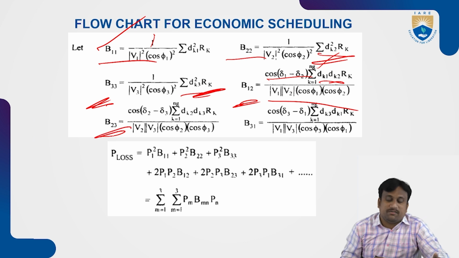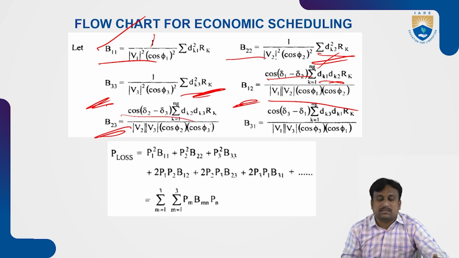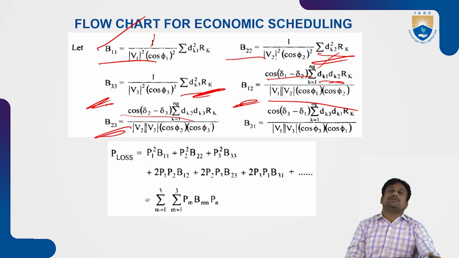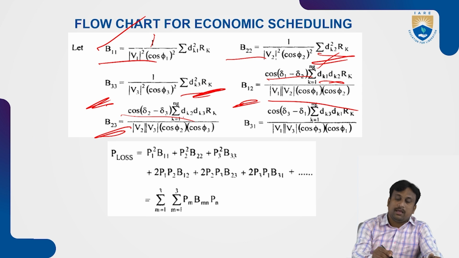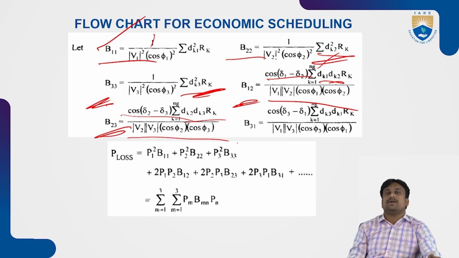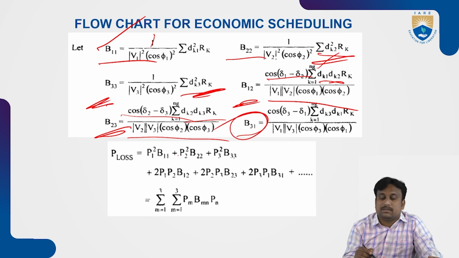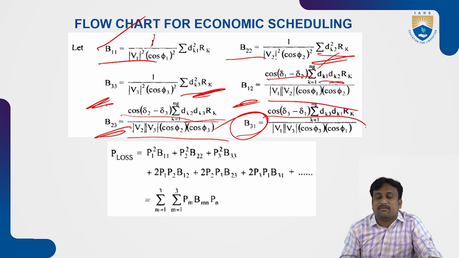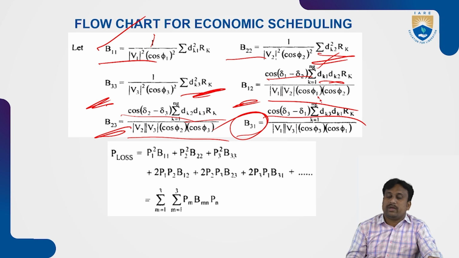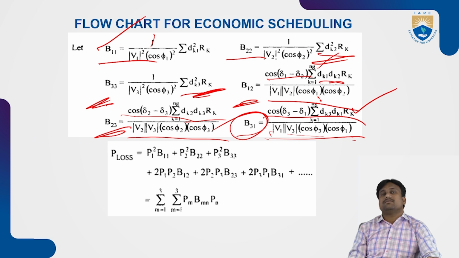Now the B23 coefficient is cos(delta 2 minus delta 3) summation k equals 1 to Ng dk2 dk3 Rk by V2 V3 cos phi 2 cos phi 3. Now the B31 coefficient is cos(delta 3 minus delta 1) summation k equals 1 to Ng dk3 dk1 Rk by V1 V3 cos phi 3 cos phi 1.